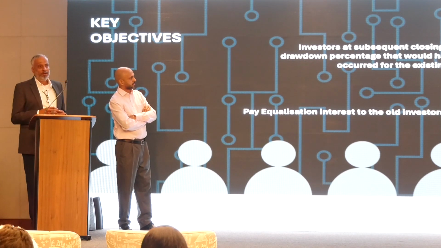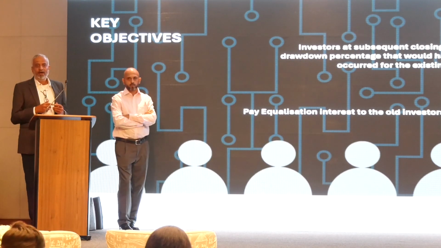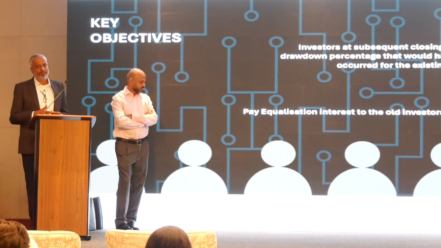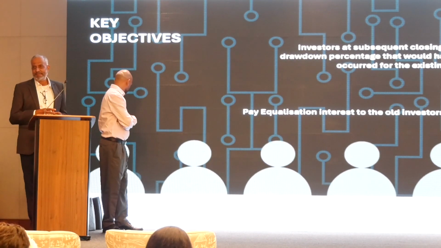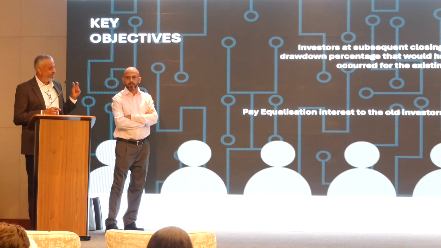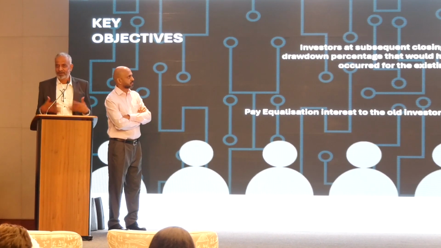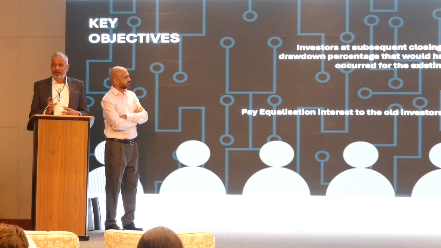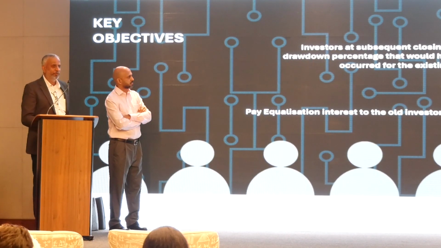So there's a concept called equalization interest which gets applied when an investor comes in later into the fund. As I said, from an FA perspective, it is important to understand this concept. Typically, funds keep the equalization interest rate equal to the hurdle rate because that's the minimum the fund has to return to the investors.